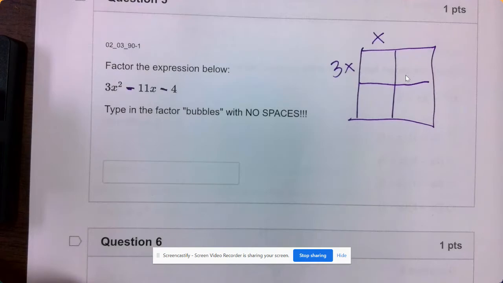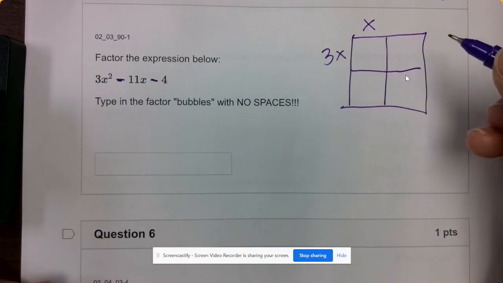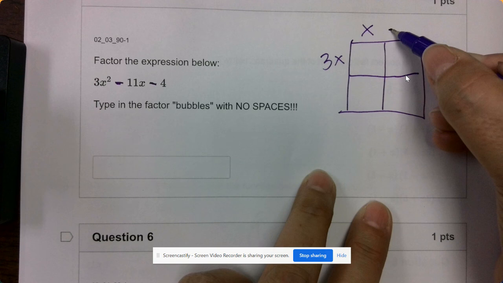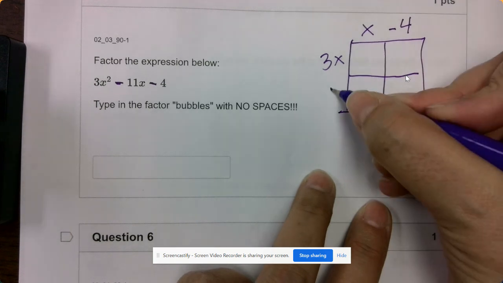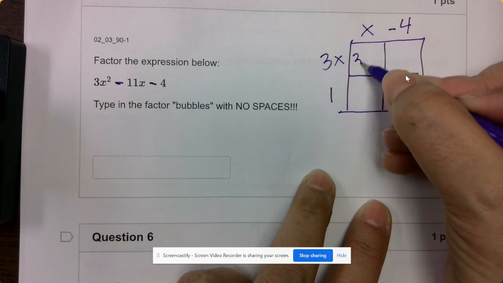Okay, so we could try, if we tried negative 4. So we did a negative 4 over here. And we did a 1 right here. Okay, so 3 times 3x would be 3x squared.